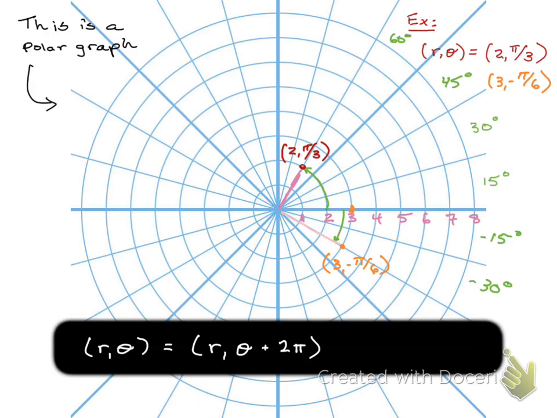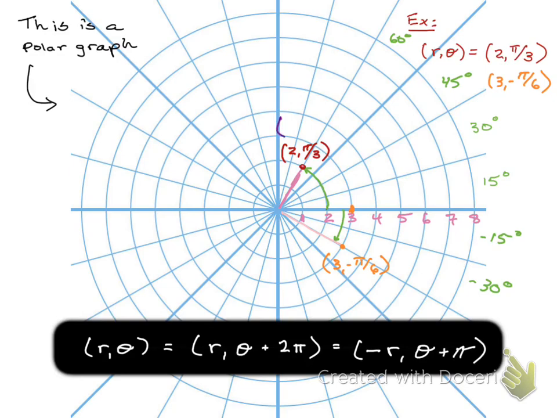But I can also do a little bit more different stuff. If I think about having a negative r value, and I'll show you how that works, we go backwards through the origin instead of out from the origin. But if I do that, then I have to add not a whole circle around, but just a half, add a pi.